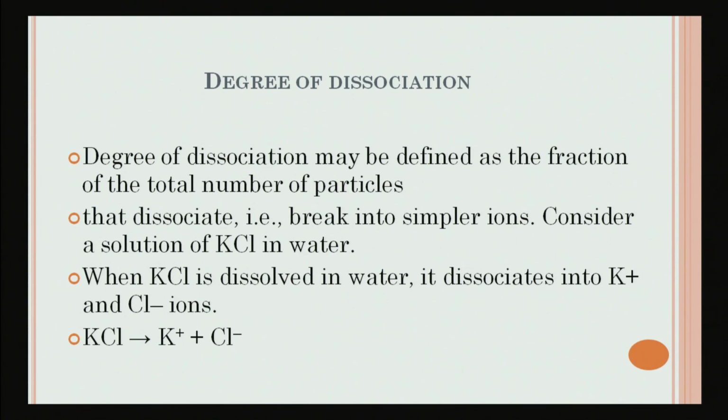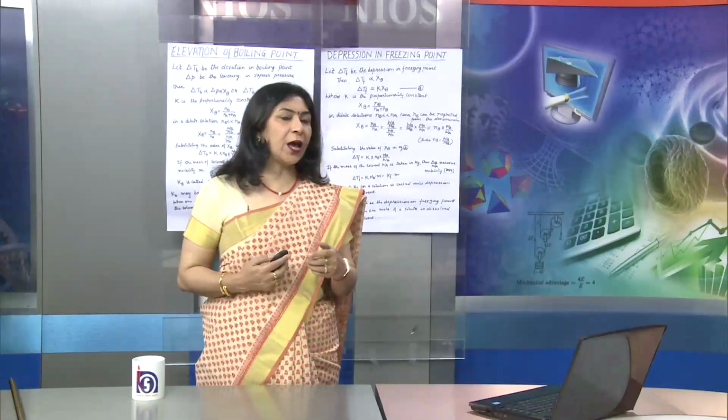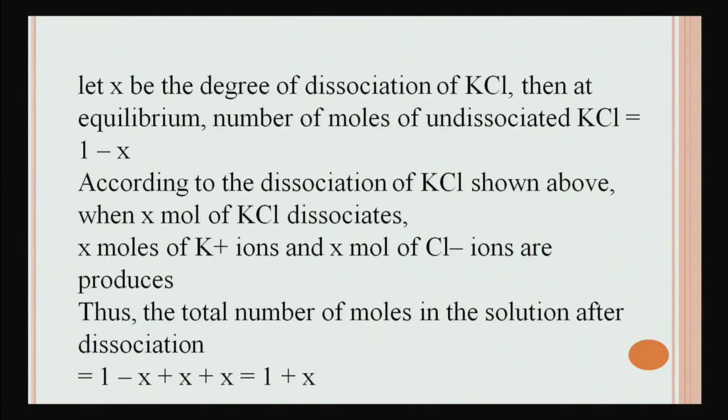Now, degree of dissociation. Degree of dissociation may be defined as the fraction of the total number of particles that dissociate, that is, break into simpler ions. Suppose you take the example of KCl, potassium chloride, in water. When KCl is dissolved in water, it dissociates into K+ ion and Cl- ion, so cations and anions are formed.